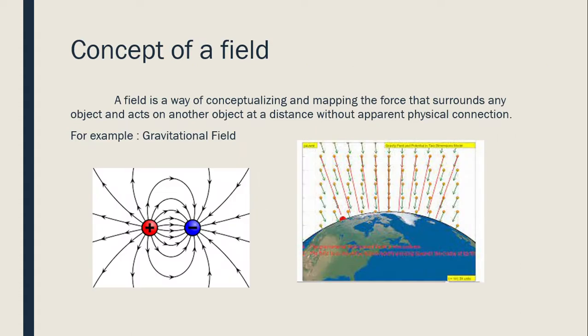Let's now talk about the concept of a field. A field is a way of conceptualizing and mapping the force that surrounds any object and acts on another object at a distance without apparent physical connection. So for example, there's what we call the electric field, and there's also a gravitational field.